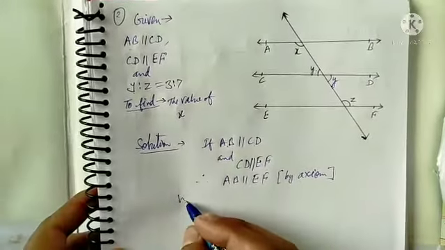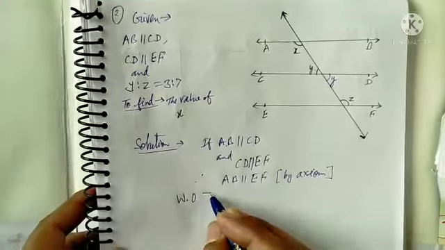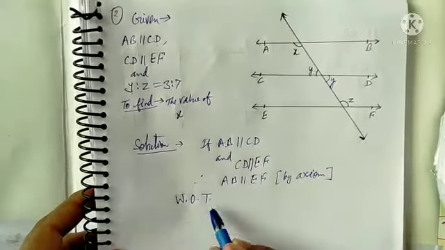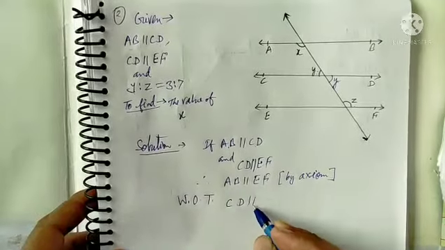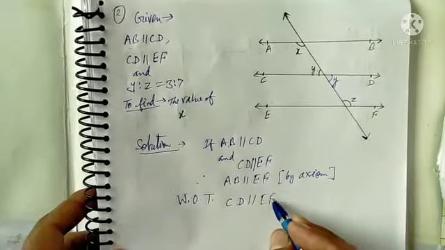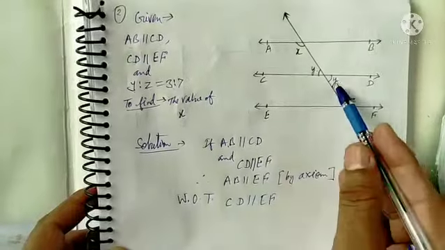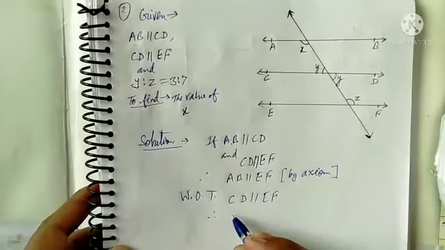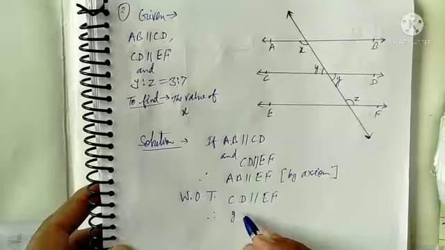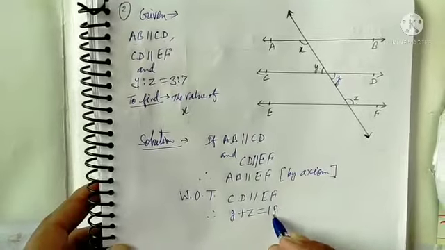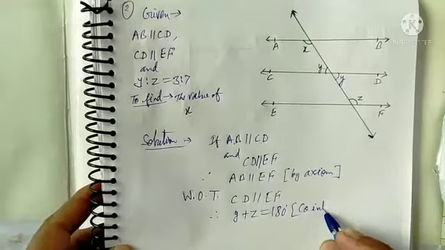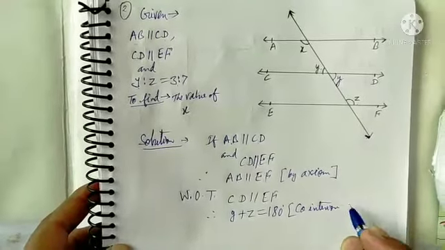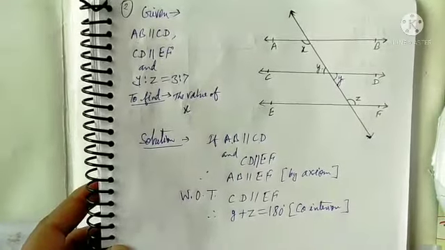Write down, we observe that CD parallel to EF, therefore y plus z is equal to 180. The reason is co-interior angles are supplementary, you know.